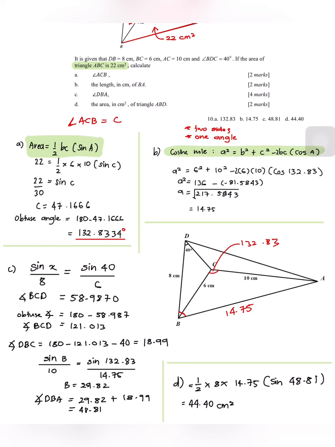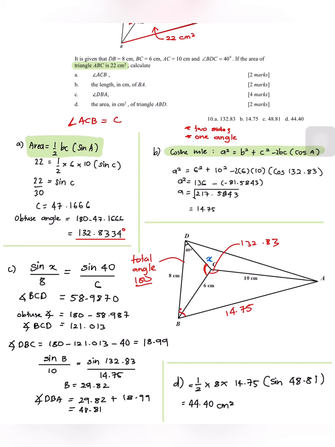From here we know that the total angle in a triangle is 180 degrees, so we can use that to find this angle. We will use the sine rule, sine x, and this is the new x that we're going to find. Let's make it clearer. X here, sine x over the opposite side 8, is equal to sine 40 divided by 6.